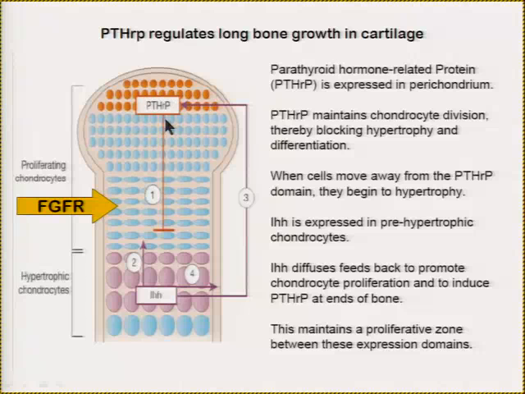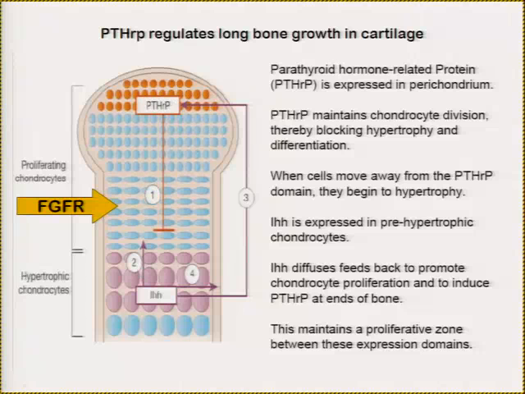PTHrP in utero and in embryonic development allows these proliferating chondrocytes to keep proliferating. The farther away these chondrocytes get from where PTHrP is being secreted, the more they're going to have a tendency to enter a transition zone and eventually turn into a hypertrophic chondrocyte.